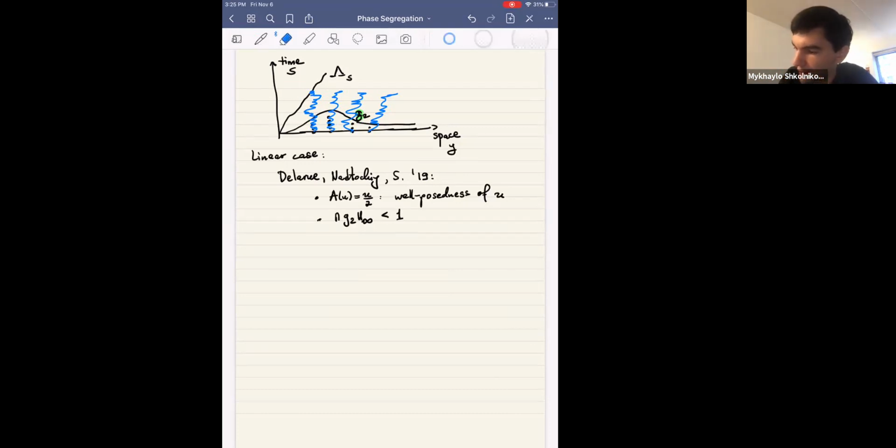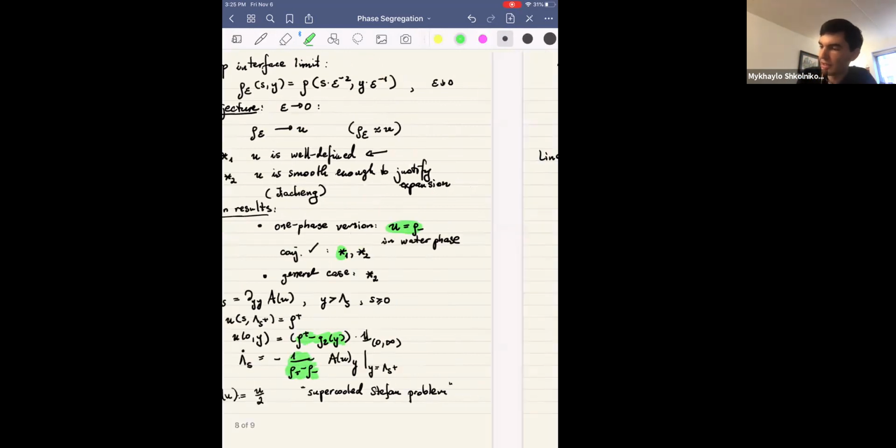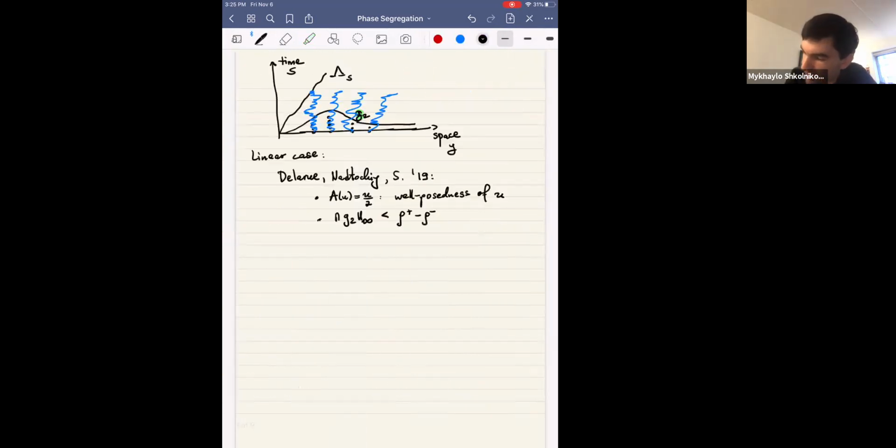actually, sorry, I have a different normalization here. So let me say that again. If the sup norm is less than rho plus minus rho minus, so less than the inverse of the constant that I have over here, one of our results shows that in fact U will be a classical solution of the free boundary problem.